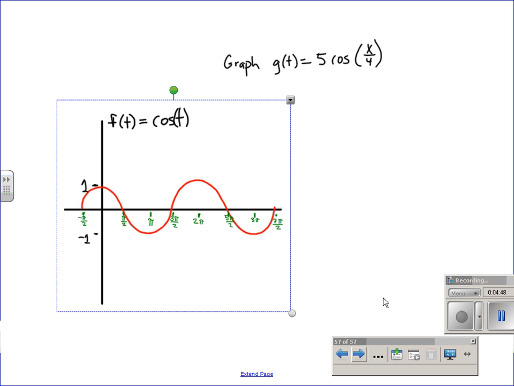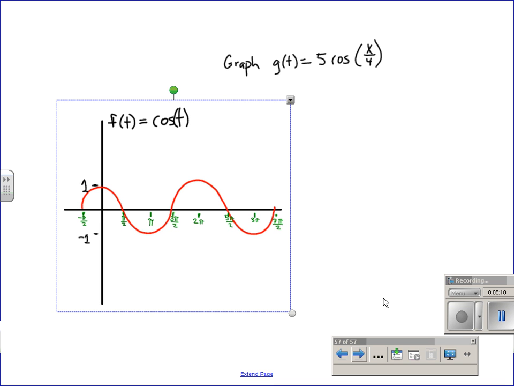Okay, sorry about that. Okay, so now we have the parent graph of cosine of t, and we're looking to graph 5 times the cosine of the quantity x divided by 4. In this case, for cosine, the period and the amplitude will change. So what we can do is just take the parent graph again like we did in the last case.